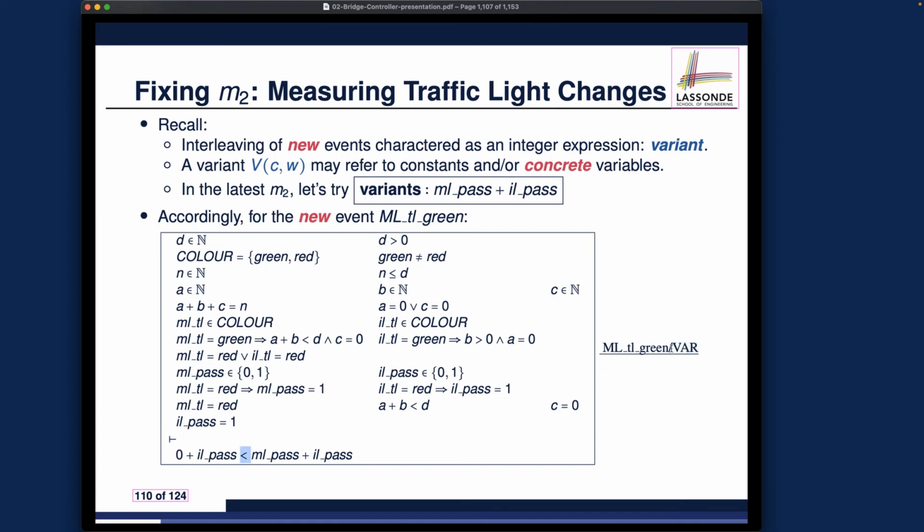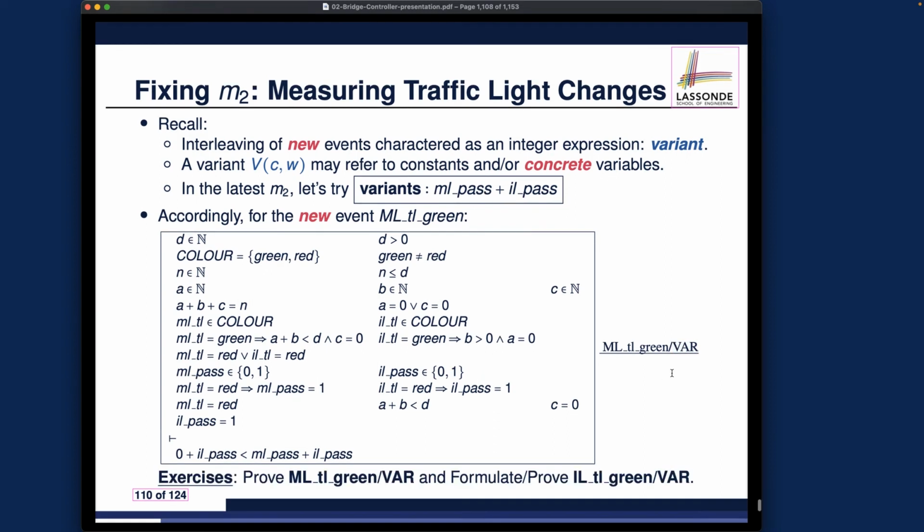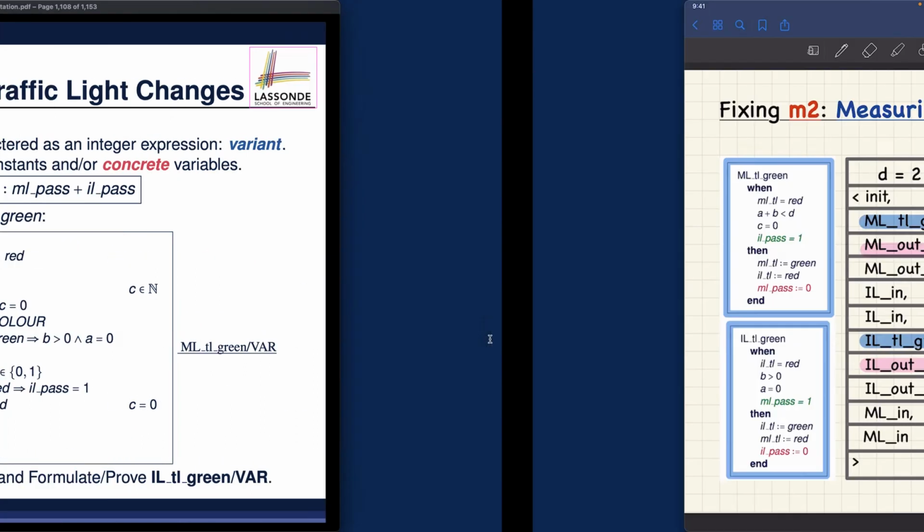The other one, which will be left as an exercise for you, will be about the NAT proof obligation, meaning that the variant expression should always be larger than or equal to 0, i.e. it should be a natural number. And the exercise over here indicates what you should try to formulate and prove for the remaining parts of the variant proof obligation. Let's not go over this one specifically, just make sure you're okay.